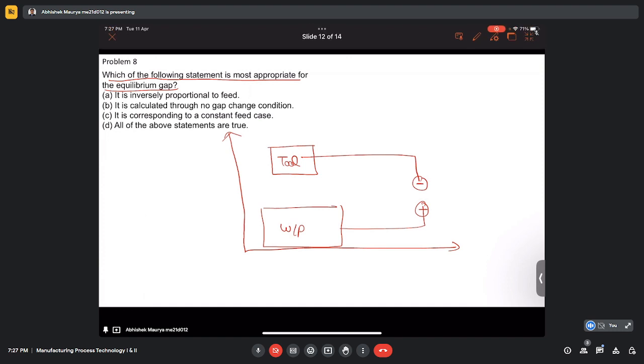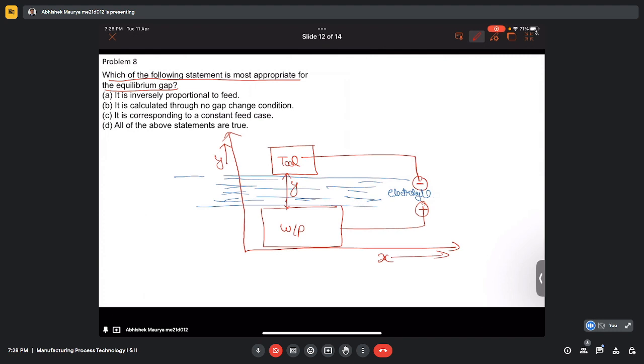In between there is some electrolyte, it is flowing, and there is some gap that we are calling y. So here the y-axis is showing the gap between the tool and the workpiece, and the x-axis is showing the direction of electrolyte flow.